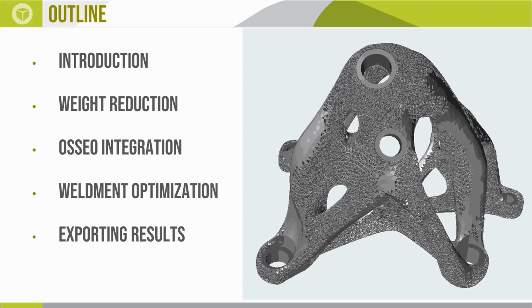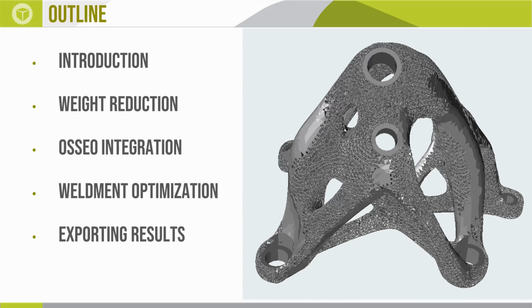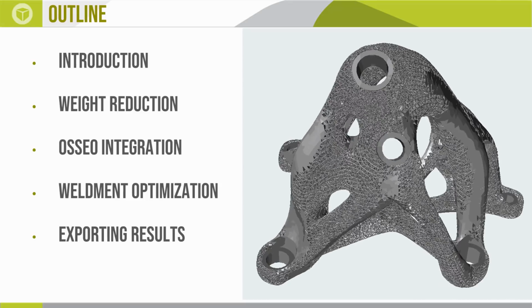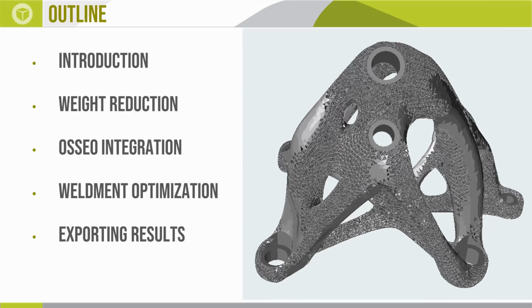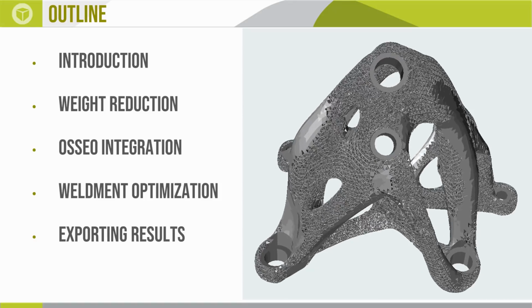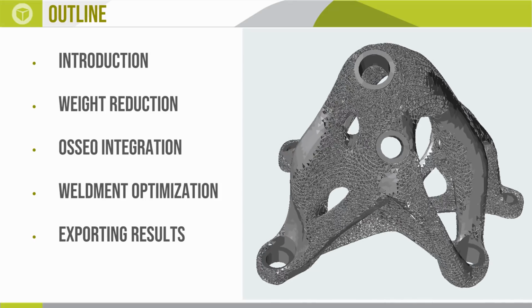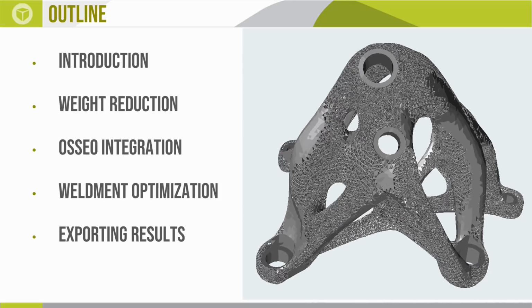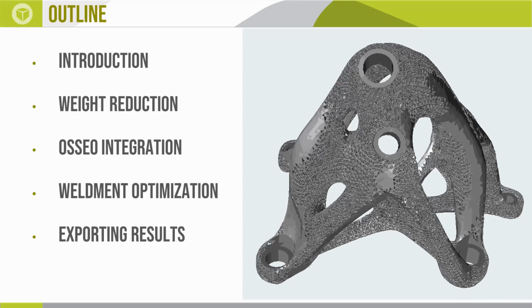To give you an outline for today, we will start with what lattice structures are and what they do, why they are used, and then we'll look at three specific scenarios. The first one, weight reduction. We'll go through an example together, and we'll look at how the lattice structure functionality can be used to reduce the weight of a design.